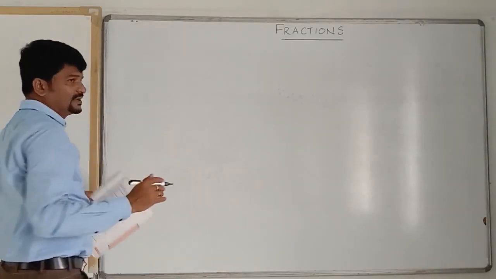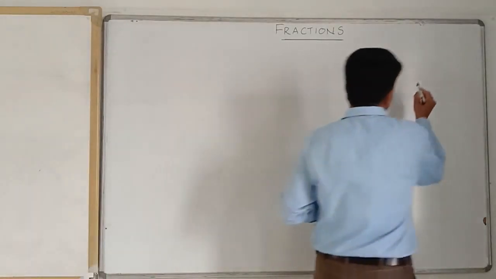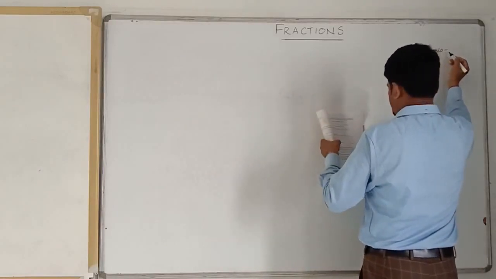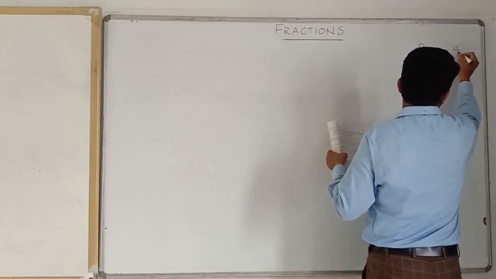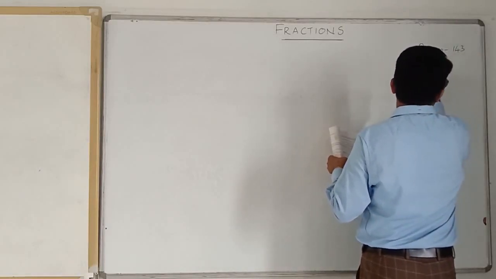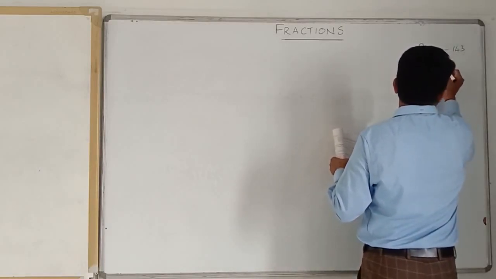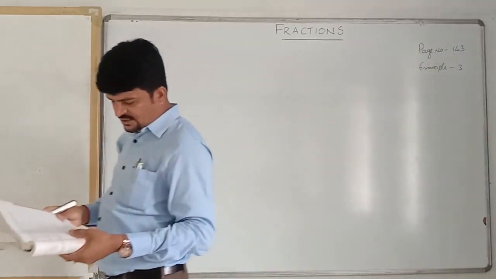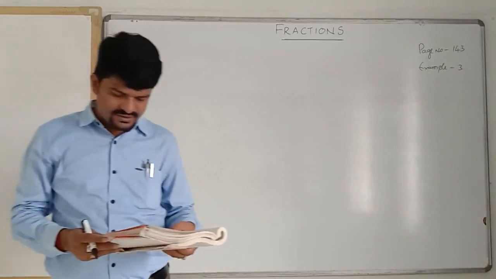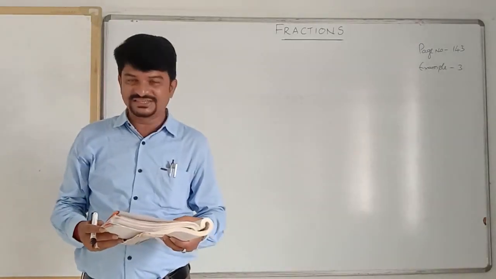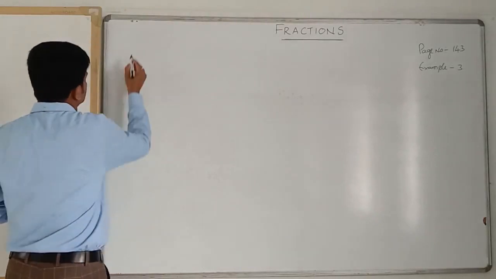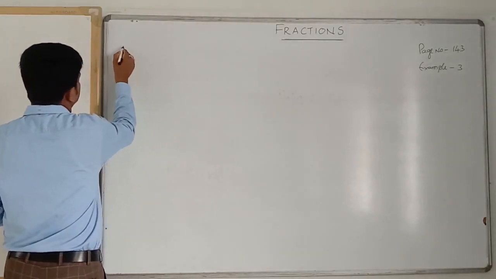First question, example 3, page number 143. Now find the equivalent fraction of 2 by 5 with numerator 6. See solution.